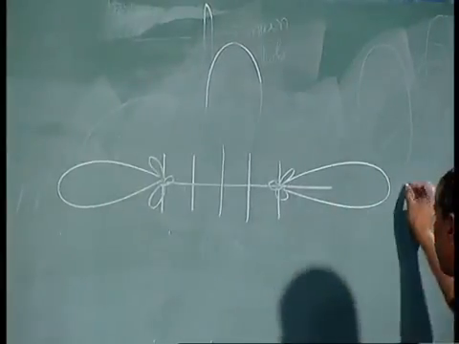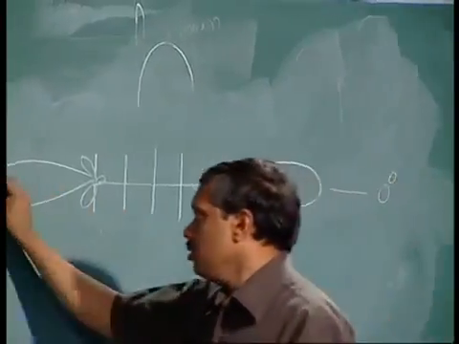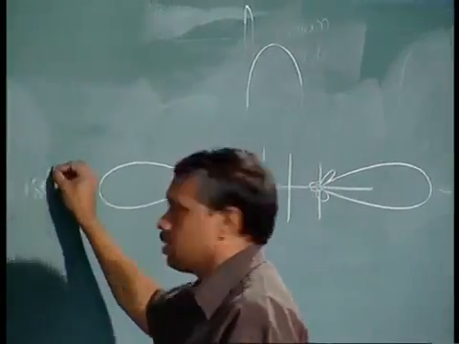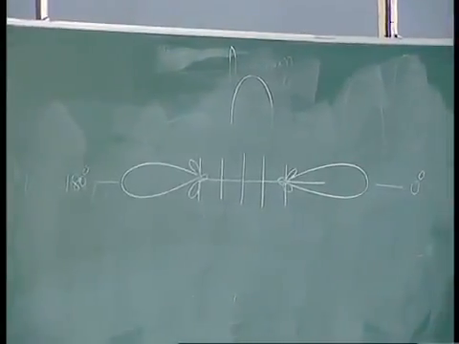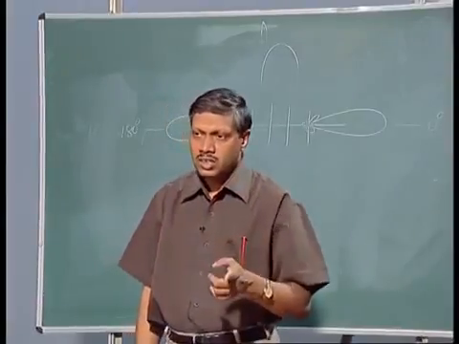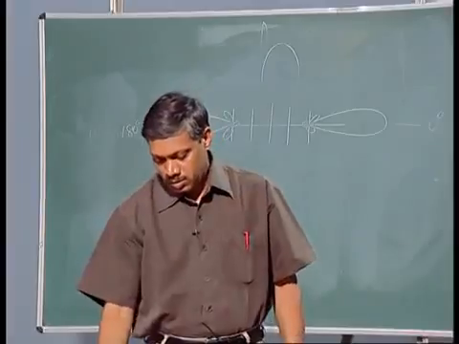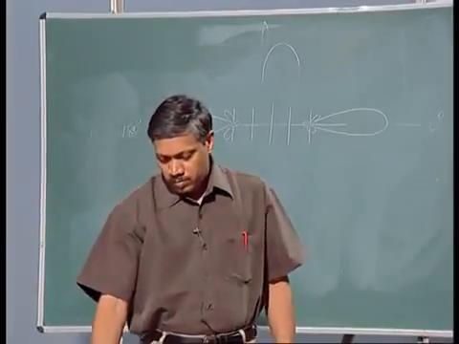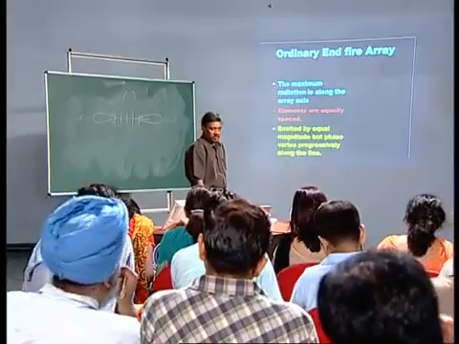If I define this as 0 degree, this will be your 180 degree. So that means in an end fire array you will get the maximum radiation either in the 0 degree direction or in the 180 degree direction or in both of these. Here the phase changes progressively.